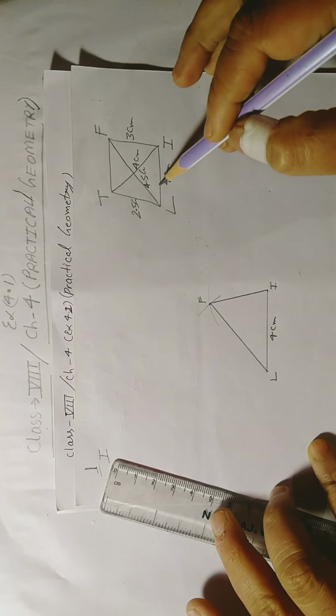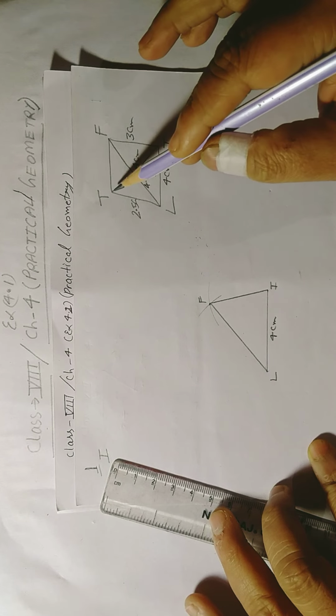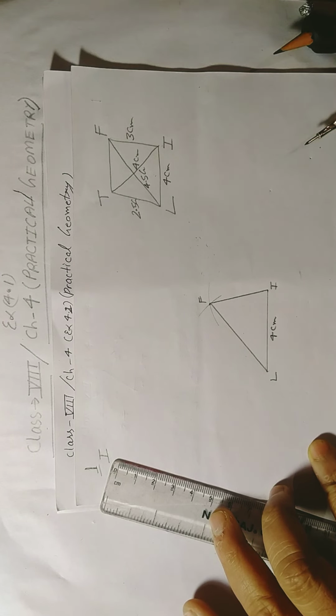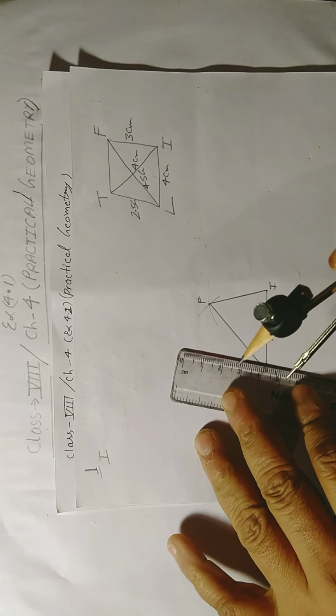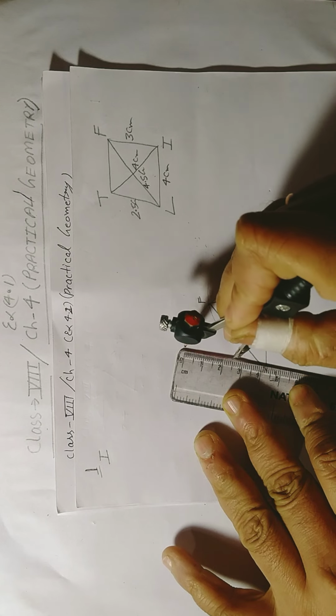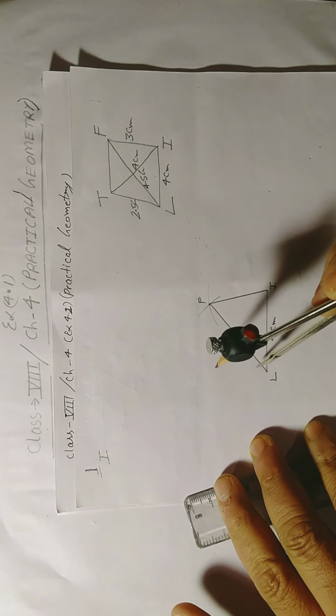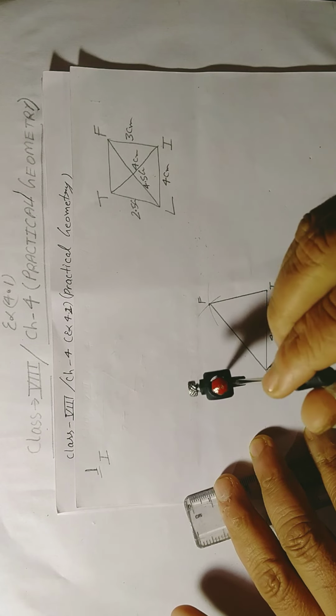Okay, now we have to draw an arc of 2.5 centimeter and 4 centimeter. Both arcs cut each other at point T. So we take distance 2.5 centimeter in the compass, put the compass at L, and draw an arc.